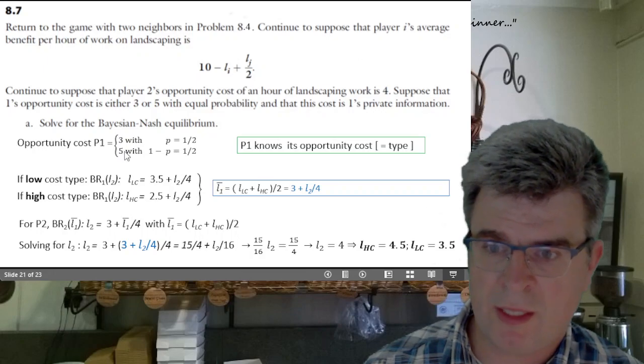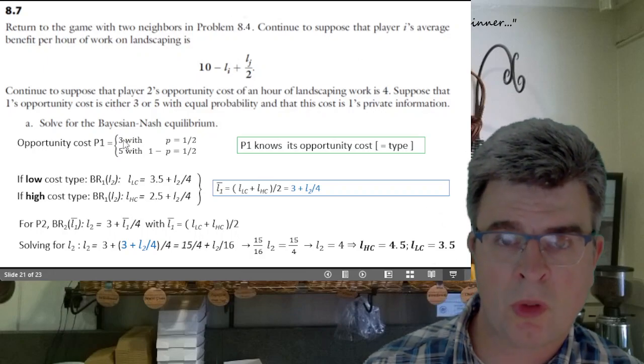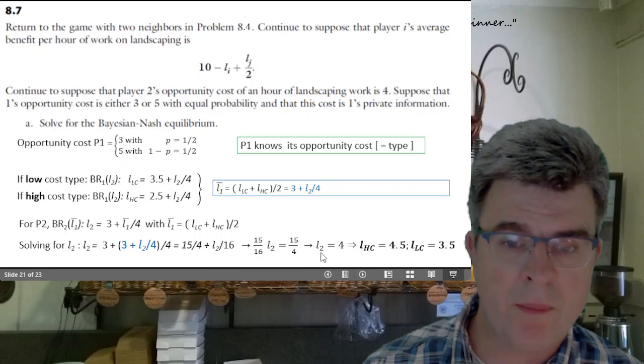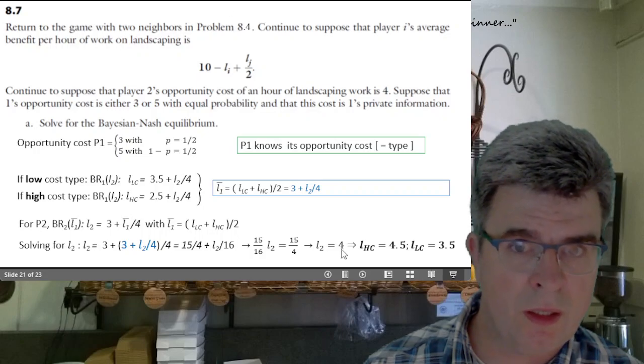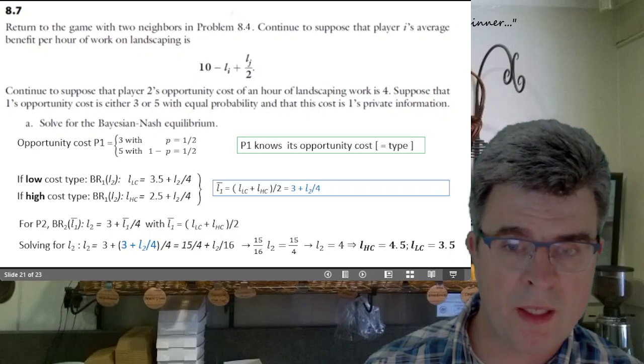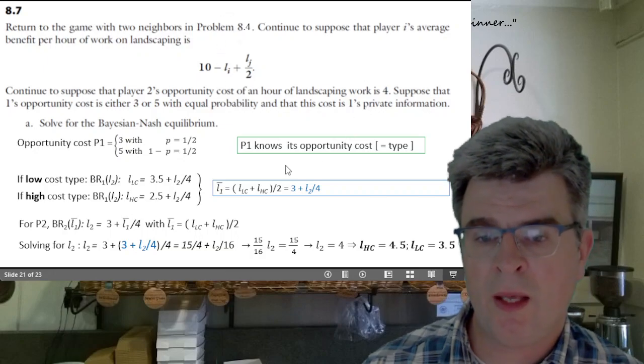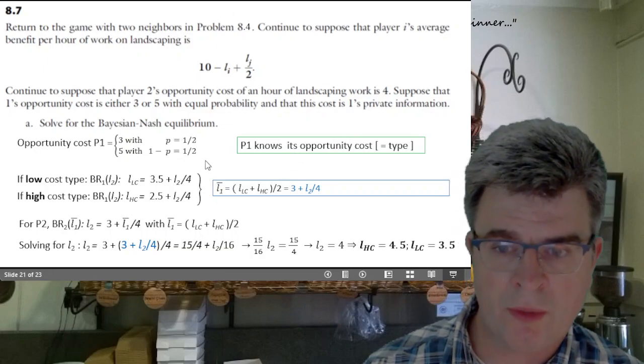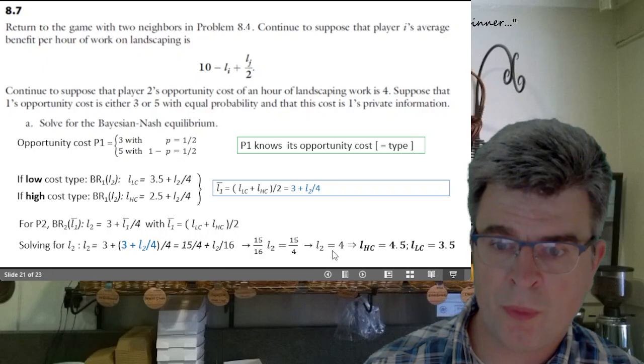these probabilities and the possible cost types of the neighbor, neighbor 2 in equilibrium will make an effort level of 4, and neighbor 1 knows that neighbor 2 will do this.